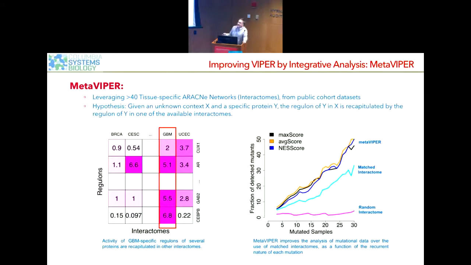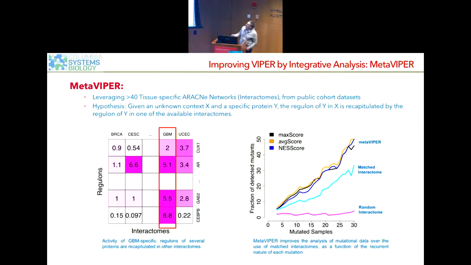Basically, what we showed is that if I take the matched network, for instance, if I have bulk tissue from gliomas, and I compare the master regulators that I get with, actually not the master regulator, this is the ability to identify the aberrant activity of proteins that have genetic alteration in the corresponding gene, when that gene mutation is recurrent and occurs in, say, 5, 10, 30 percent of the glioma patients.